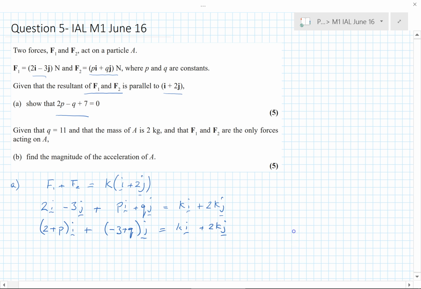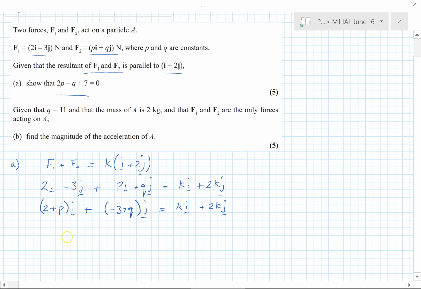As I say, you can compare coefficients here if you like and get simultaneous equations and substitute for k. I'm just going to cut a few corners here, and basically what we're going to use is the fact that this component divided by this component has got to be equal to 2. 2k over k is equal to 2. So I have minus 3 plus q over 2 plus p is equal to 2k over k, but if I was writing this in the exam, I'd just write that equals 2.